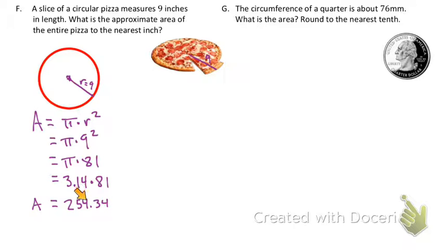Does it move it up or keep it the same? Since this number is less than 5, it keeps the 4 the same. So our final answer, if we round it correctly, is 254 inches.